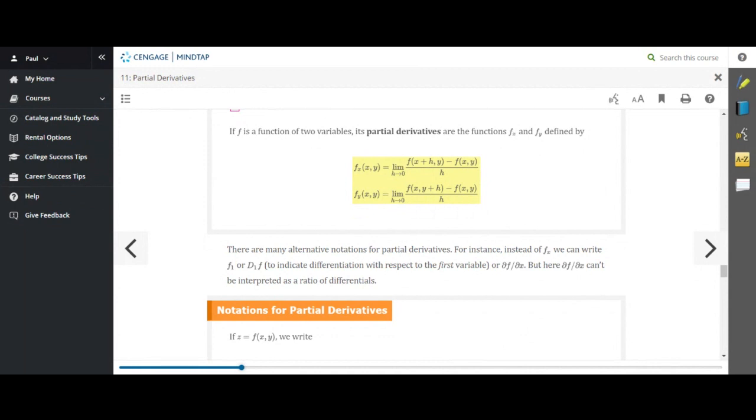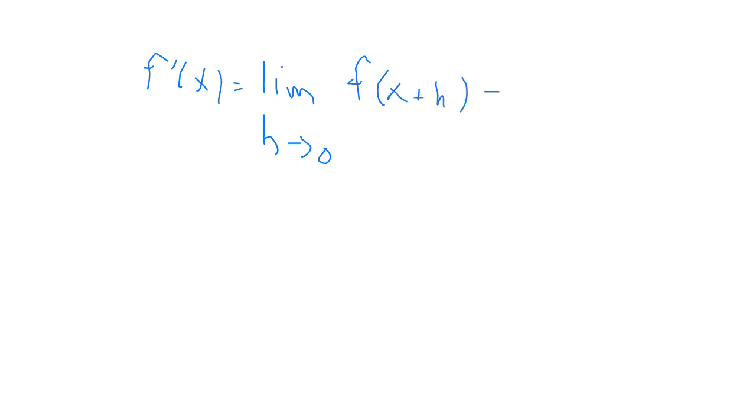Let me show on the whiteboard what you're used to. You're used to f prime of x equals the limit as h approaches 0 of f of x plus h minus f of x, all over h.